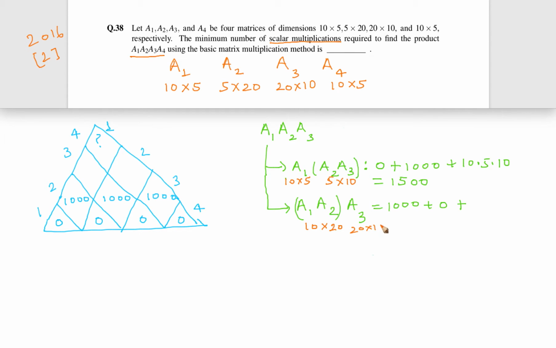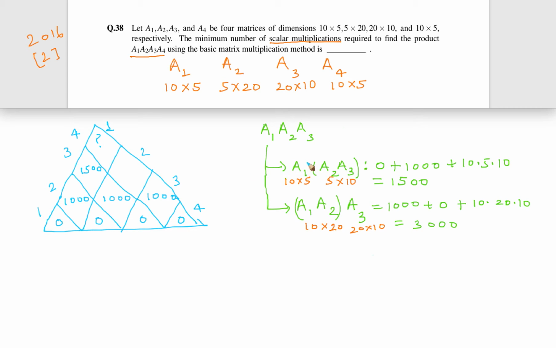Multiplying these two needs 10 into 20 into 10 operations, which is 2000, plus 1000, which is 3000. We have to find the minimum of these two, which is 1500. So 1500 is the answer for m1,3, that is a1 into a2 into a3.